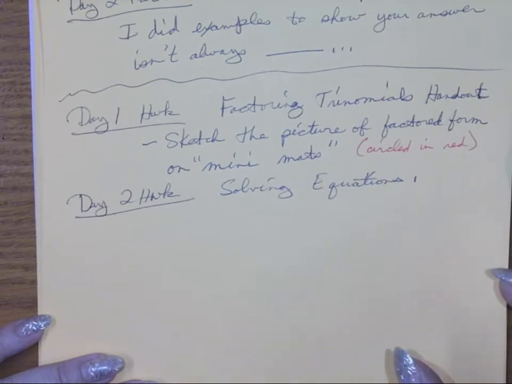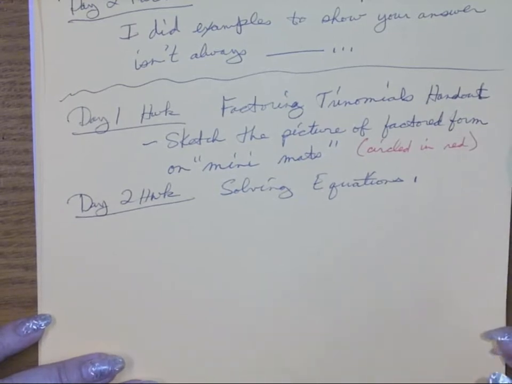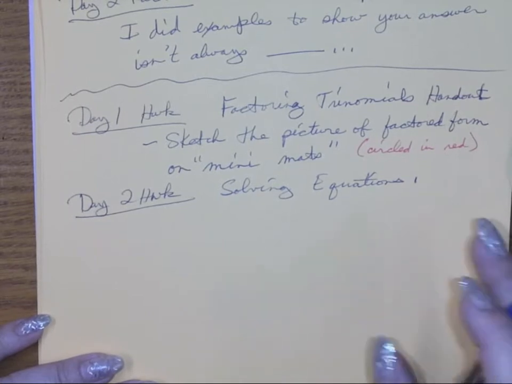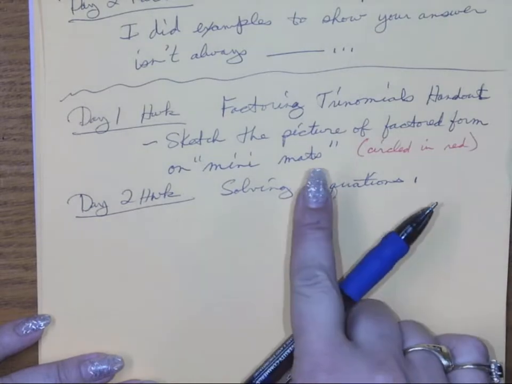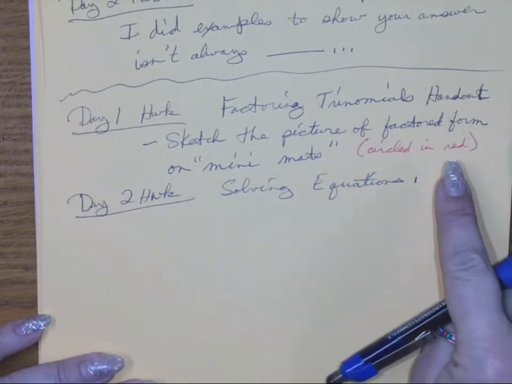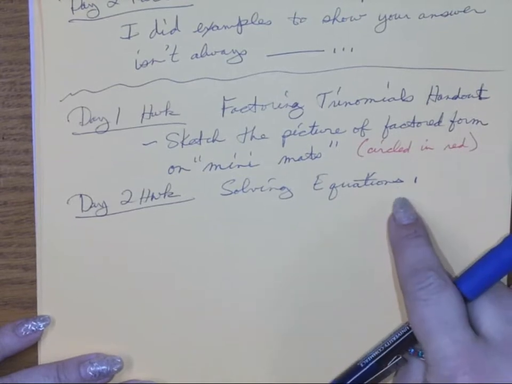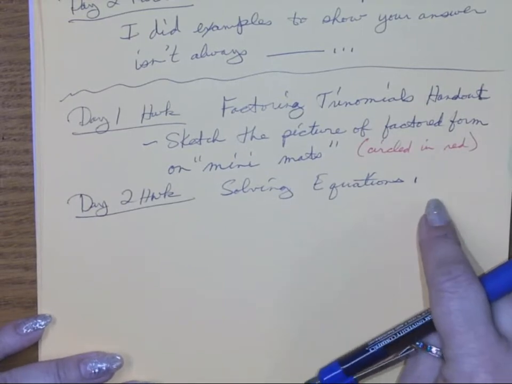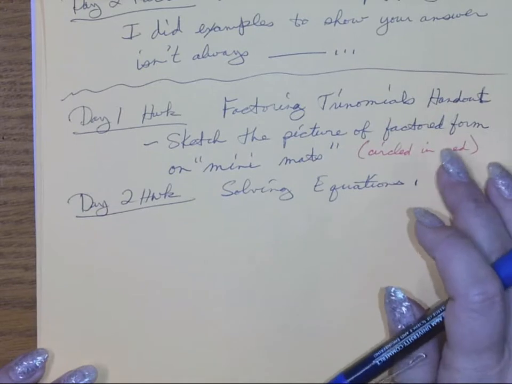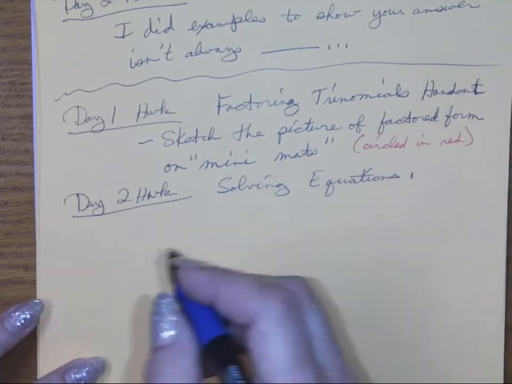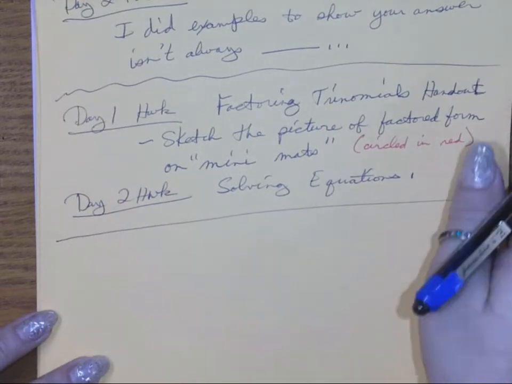Show me the original, show me the subtraction process going on, so at least two pictures, and also the division. You'll need, again, to use the mini mats for that, and again, you're only doing the ones that are circled in red. I remember that on this particular homework for solving equations, there's a lot of conceptual questions in there. So you're not sketching, you're just answering what would go on. I think in both of those there's some more conceptual type stuff, so be ready to do that. Again, just the ones that are circled in red.